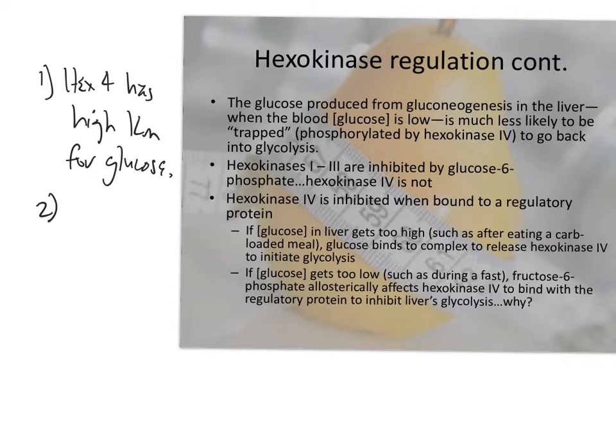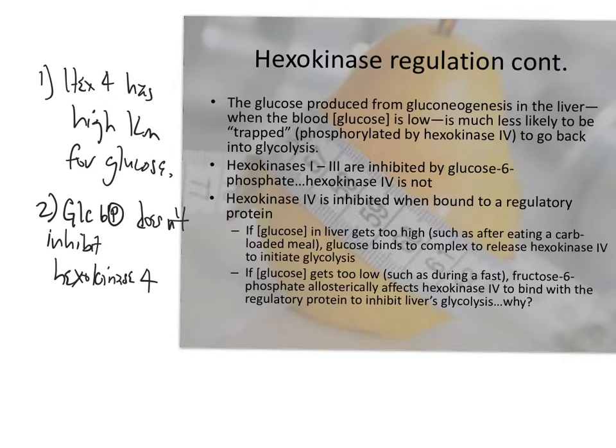Second, and this is really important, is that glucose 6-phosphate, which I'm going to abbreviate this way, the compound glucose 6-phosphate does not inhibit hexokinase 4. It does all the others.